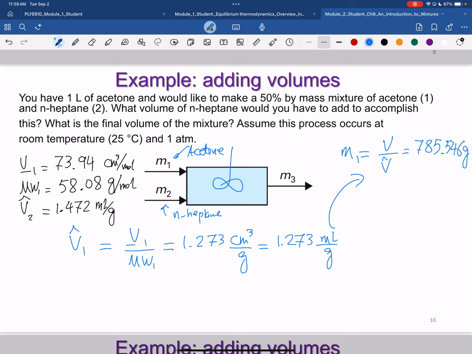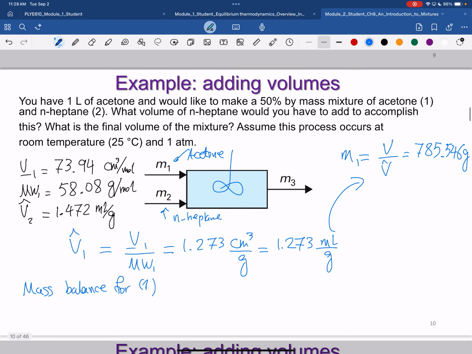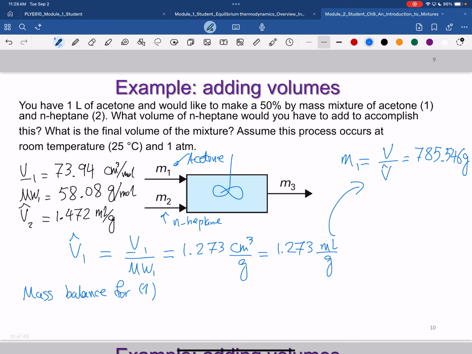If you write just a simple mass balance for component 1, which is the acetone here, it's going to be 785.546, right? This is grams that I have.